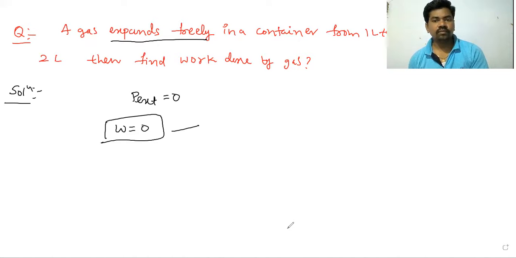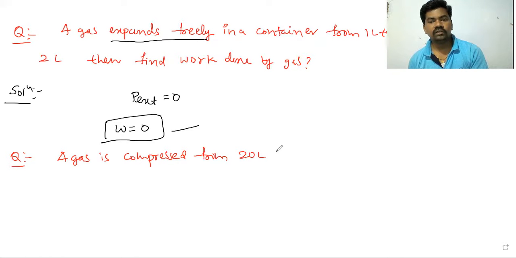Then one more question. A gas is compressed from 20 liters to 8 liters at 2 atmospheric pressure.